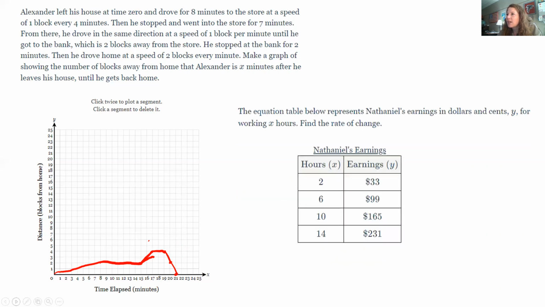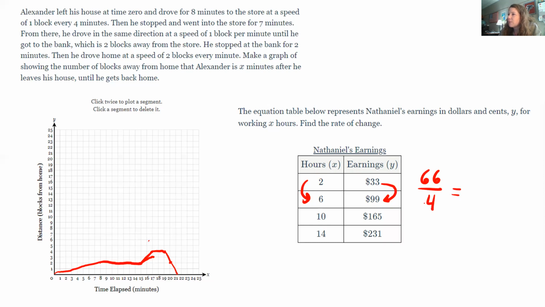All right, what's next? The equation table below represents Nathaniel's earnings in dollars, Y, for working X hours. Find the rate of change. So how do we get from 33 to 99? It would be 99 minus 33, which is 66, and our change in X is positive 4.